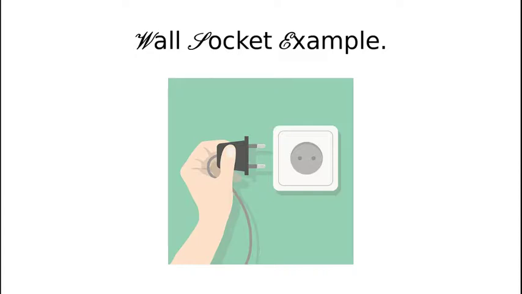You putting the appliance into the socket, that's you writing your JavaScript code to connect the API to your web application. So once you plug in, you get electricity to make your appliance work the way you want it to work. That's exactly the same way APIs work also.